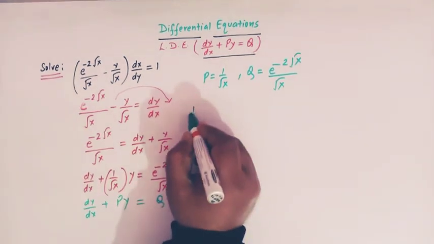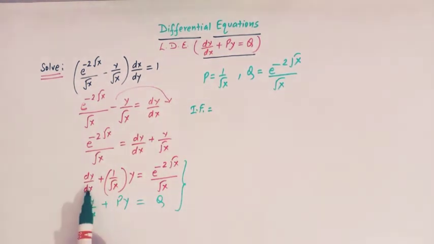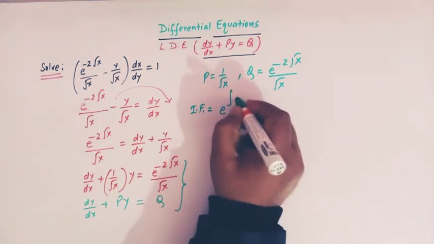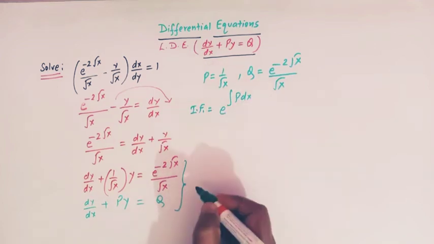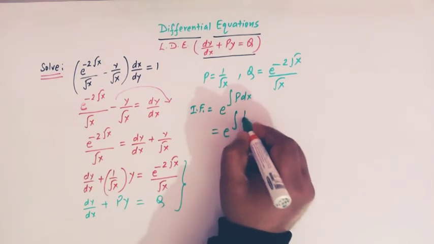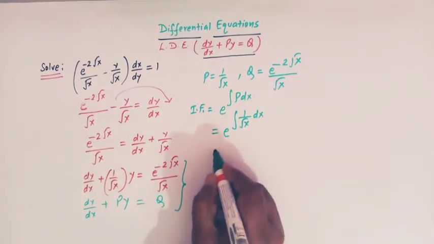And now we have to find the integrating factor of this linear differential equation, that is e raised to integral of p dx, right? So now we have e raised to integral of 1 over root x dx, right?